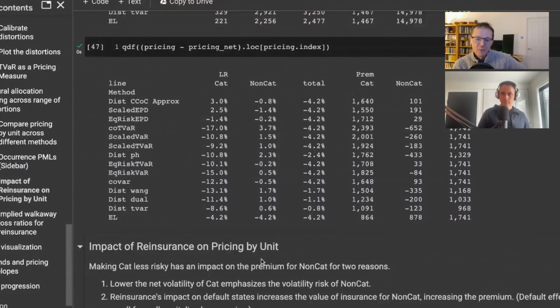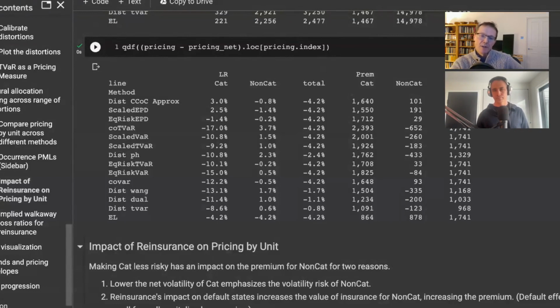Okay, and the reason for that is that by buying reinsurance, you make the cat line less risky. Well, the flip side of looking at that is you make the non-cat line appear relatively more risky, right? So you would expect that it should become slightly more expensive.